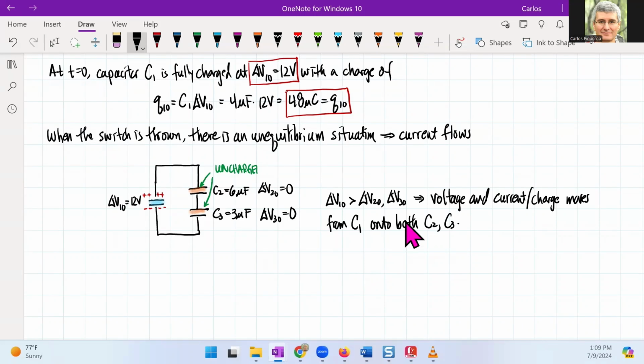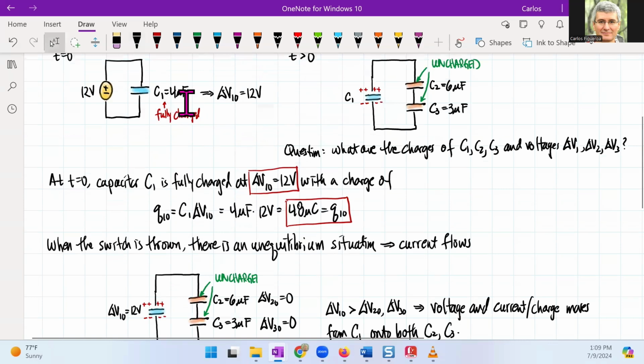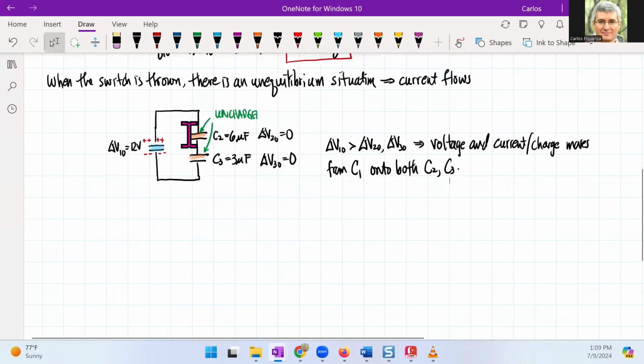So let's start analyzing the circuit here. We now know everything about what happened initially to capacitor C1. Now the switch is thrown, so we want to analyze this scenario. So let's do that.